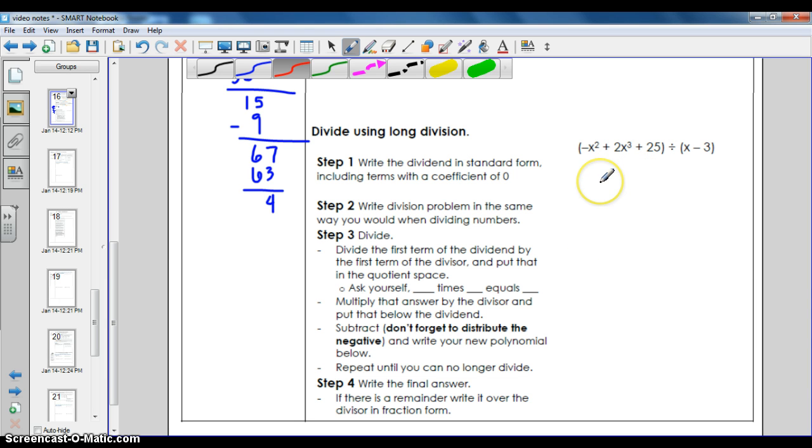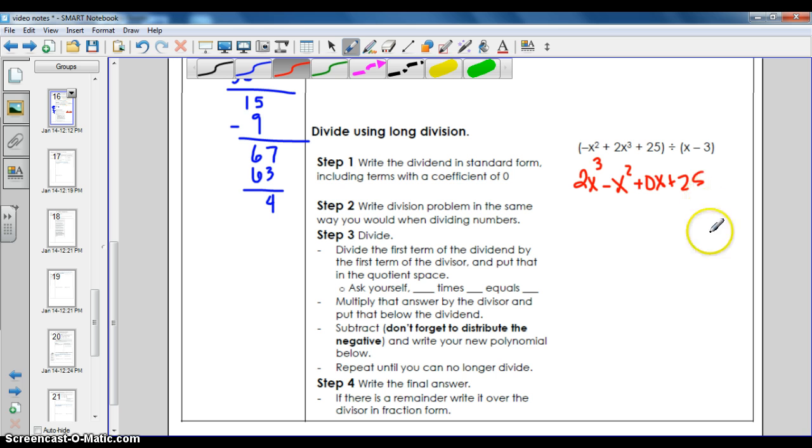First step is to make sure that it is in standard form, and any terms that are not included have a coefficient of 0. So we have a 2x cubed minus x squared. Uh-oh, where's my x? So since I don't have it, I put a plus 0x. We have to represent every space, every coefficient, and then 25.